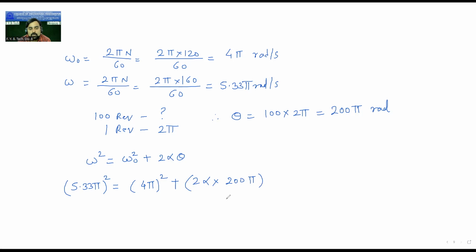Okay, now solve this. Let me know alpha. Alpha is 0.031 pi radian per second square. Please check the value.